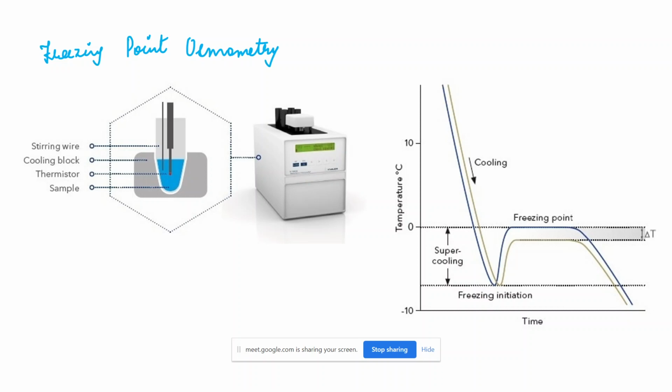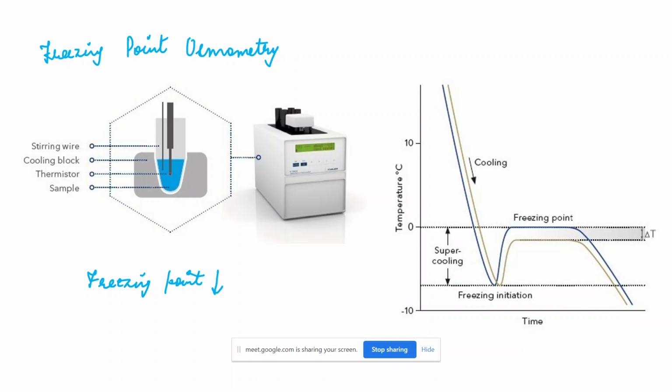Why are we using freezing point depression for measuring osmolarity? The freezing point of your solution is going to decrease as you add solute to your liquid or solution.